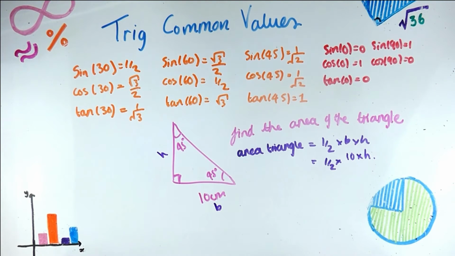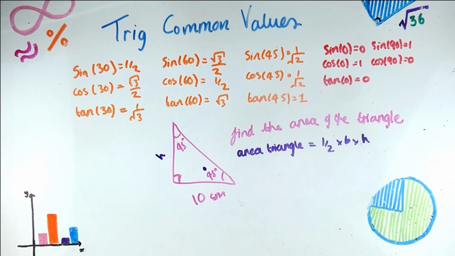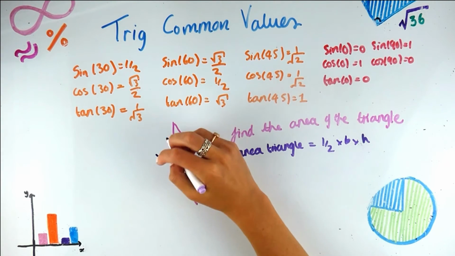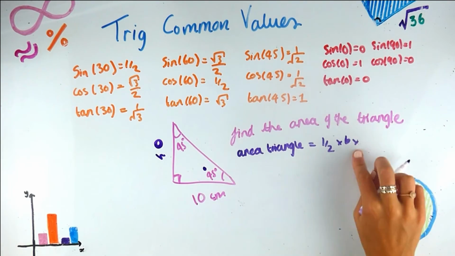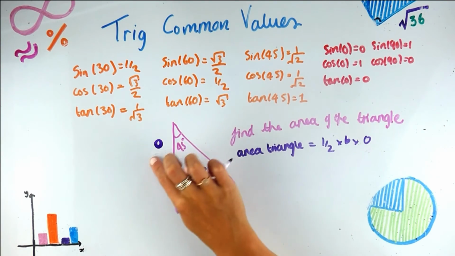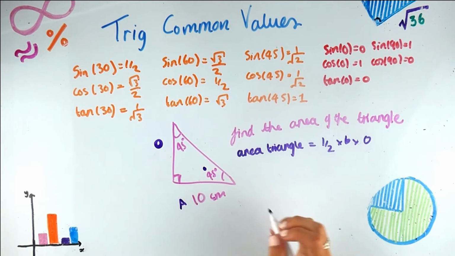Now we need to work out h, so how do we work out h? If I take this angle here, the h here is also known as the opposite, so don't get confused with the hypotenuse. I'm going to rename that O instead of h, just to avoid confusion. And then we also have this one here, which isn't the longest side, so it's the adjacent.